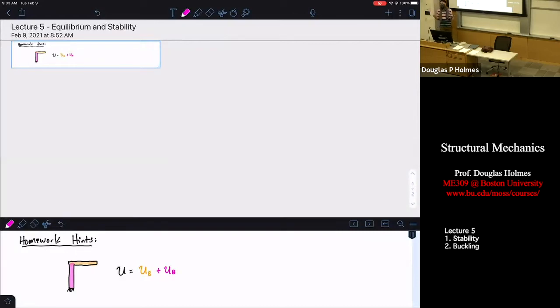So that was one of the first things I thought: the strain energy in this structure can be thought of as the strain energy in the parts that compose the structure. If you just add those things up, you get the total strain energy in the structure.